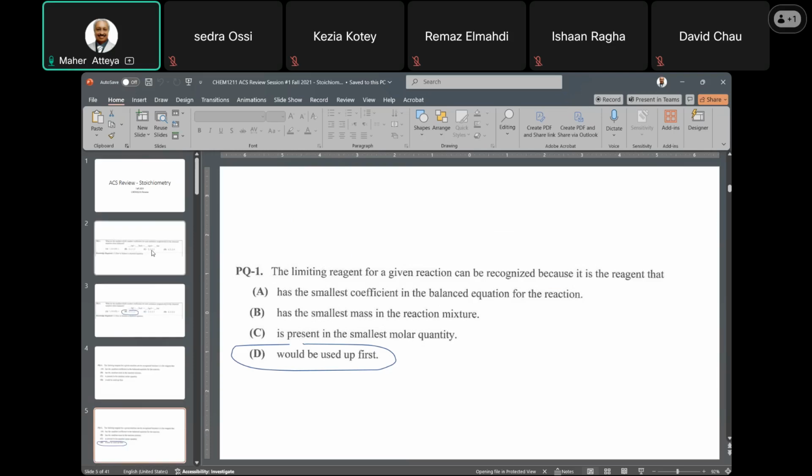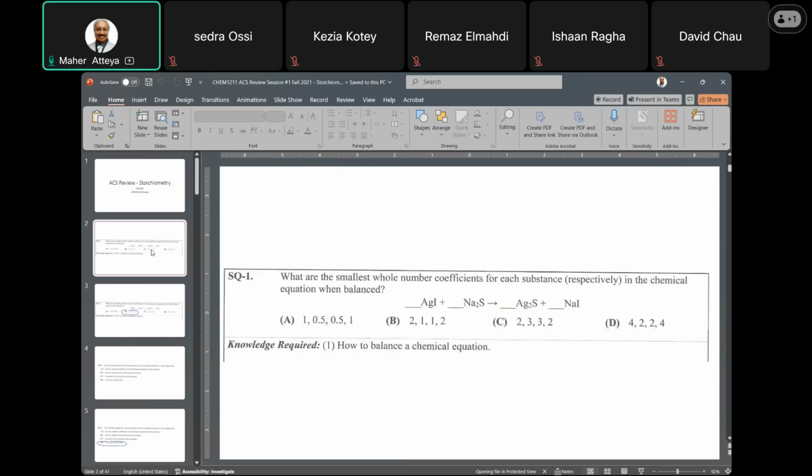So, we saw it. Balance this reaction and tell me which one is correct. Balance. What type of reaction is this? Somebody will tell me. What type of reaction is this? Double displacement.